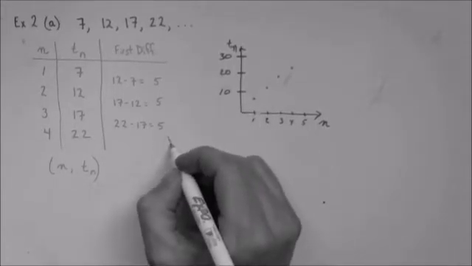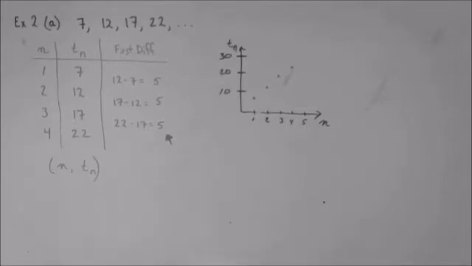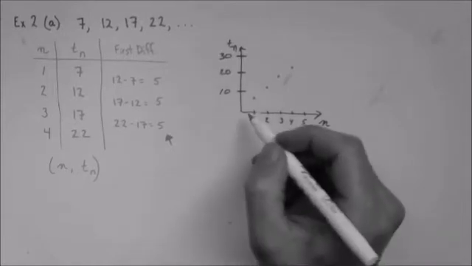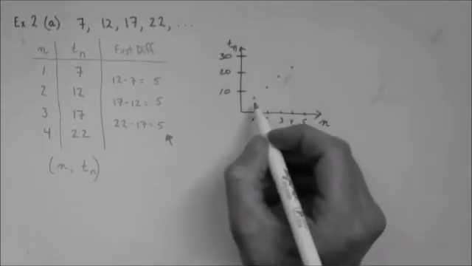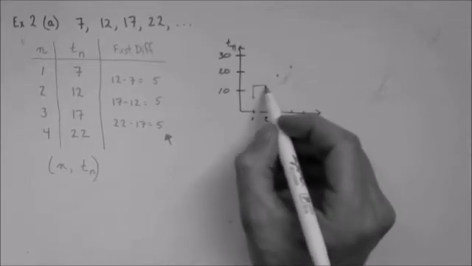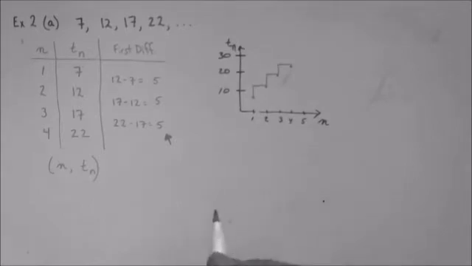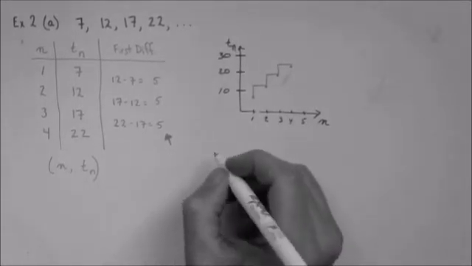And you can also see that because the first differences are constant, we know that this graph is linear. So the rate of change, or the slope, is 5. We're going up 5 over 1, up 5 over 1, up 5 over 1. So the slope of this linear function is 5.